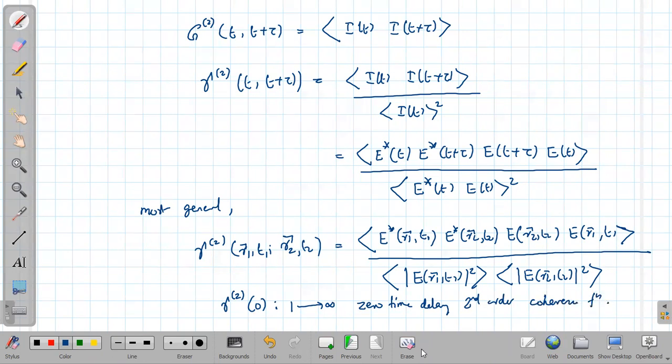Now if the light incident on one detector is independent of the light incident on the other, then gamma 2, the second order coherence function, would be a constant. It will be independent of tau.